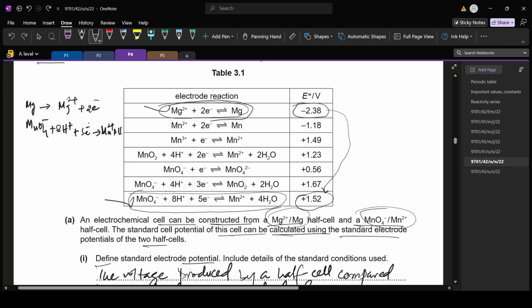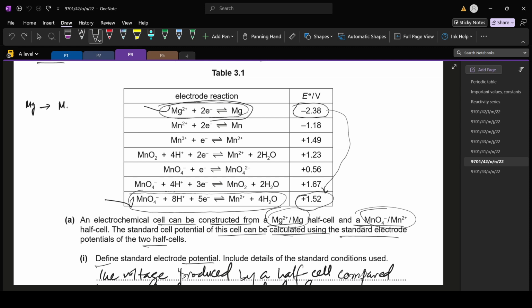Let's write it correctly: MnO4 minus plus 8H plus plus 5 electrons forms Mn2 plus plus 4H2O. Now you have to balance the electrons, so we will multiply the magnesium equation with 5 and this equation with 2.